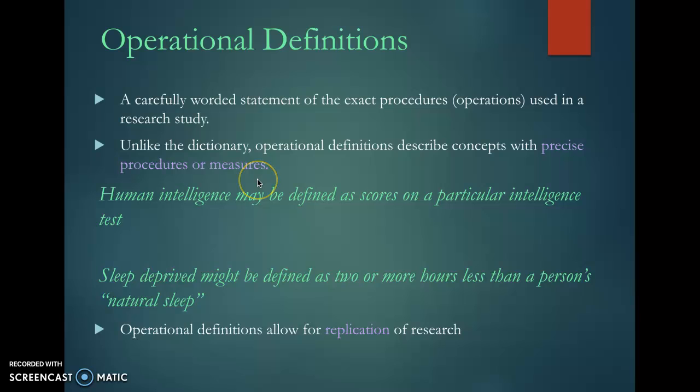So instead of just saying sleep-deprived people do worse on tests, you define sleep-deprived as 2 or more hours less than a person's natural sleep. So if I only on average sleep 6 hours a night, but you sleep 8 hours a night, sleep deprived doesn't mean, well, I got 6, so I'm sleep deprived.